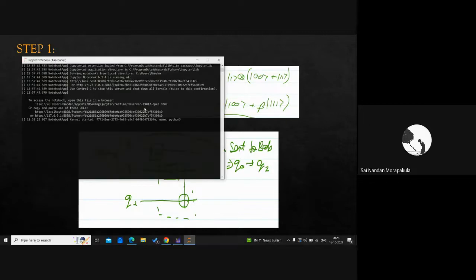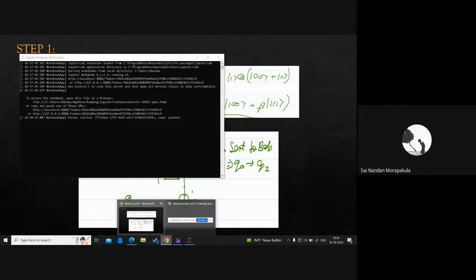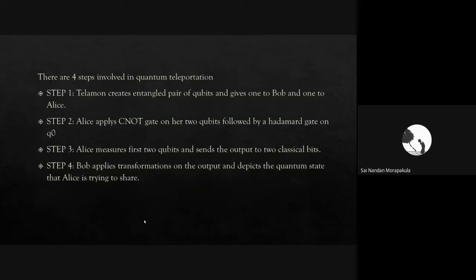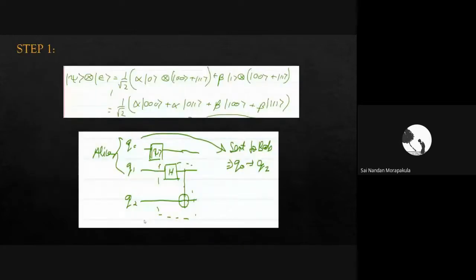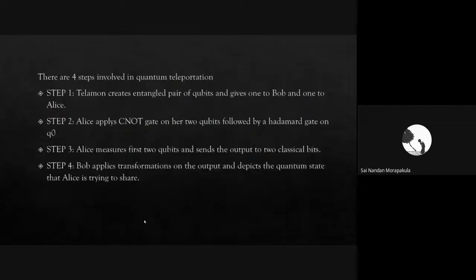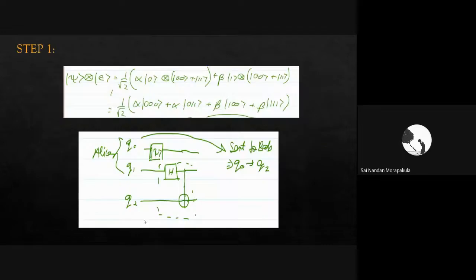Okay, it's not looking good. So let us assume that Alice has a psi state with her. Charlie will give an entangled pair of qubits to Alice, so now she has a psi state and an entangled state. She'll calculate the tensor product of it to be precise, and then she'll end up with a state which is represented here.